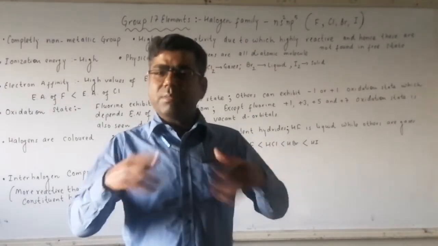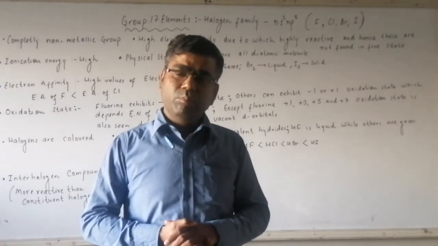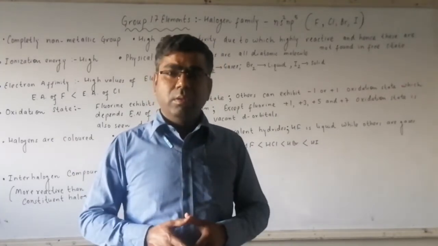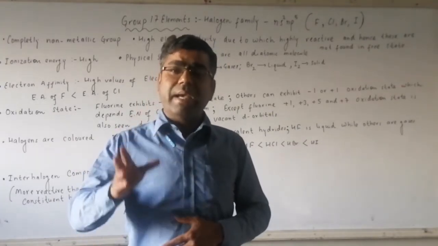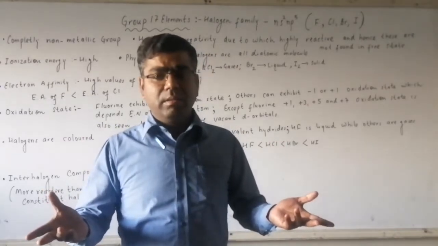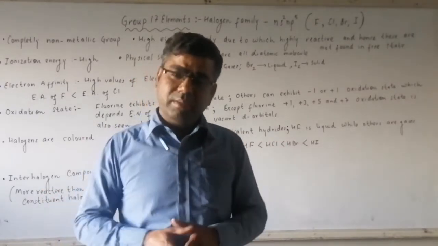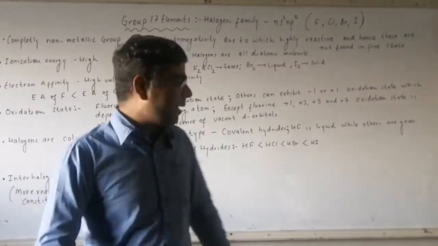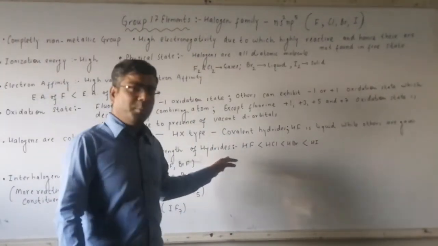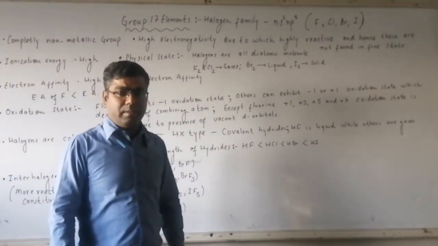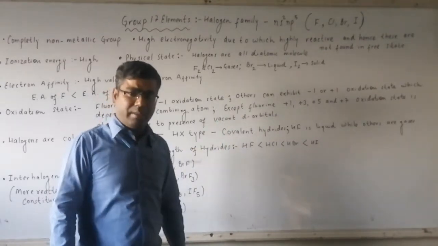So the bond length of HI is maximum. Bond strength is minimum. So release of H in the form of H+ ion is easy. So based on bond strength, we can explain the acidic character of hydrides of group 17 elements. HI is the strongest acid here.